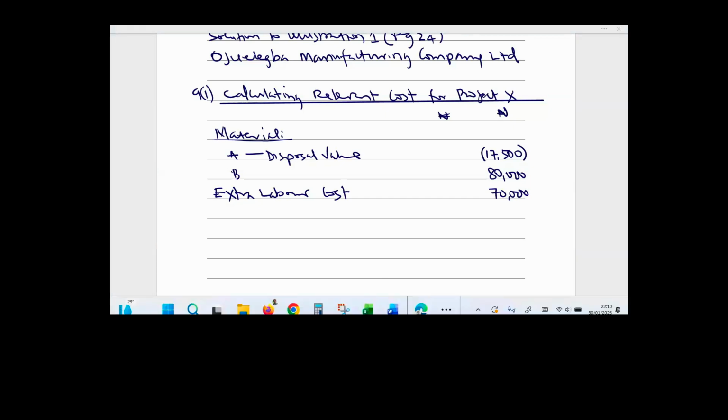Supervision costs has been charged to the project on the basis of 33 1/3% of labor costs and would be carried out by existing staff with their normal duties. Now, when you look at the table given to us, supervision cost is 20,000 naira, and we are told that this 20,000 naira is charged to the project on the basis of 33 1/3% of direct labor cost.